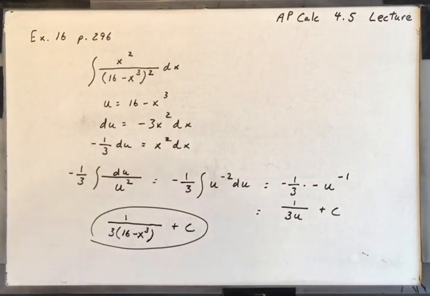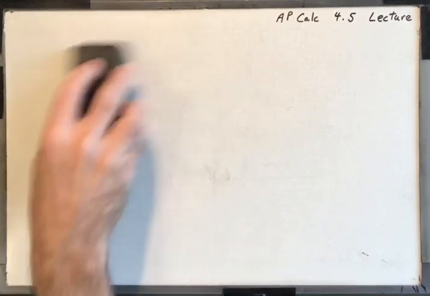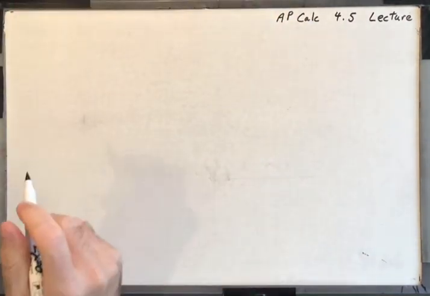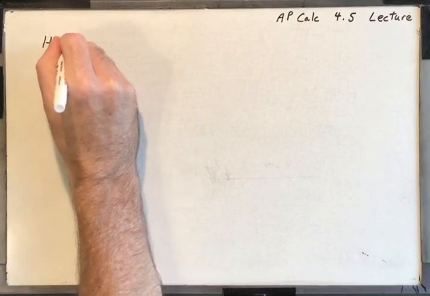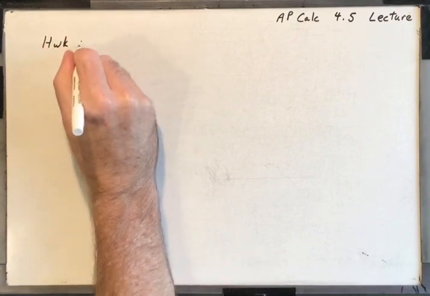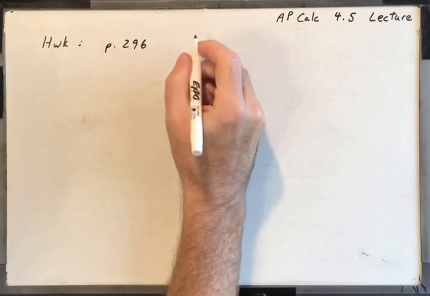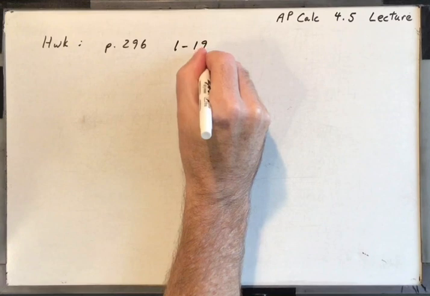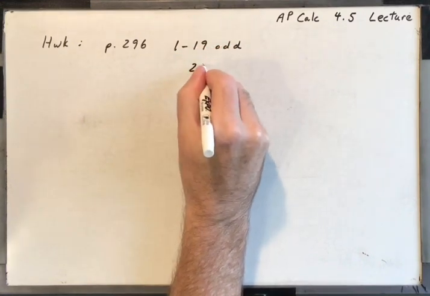Okay, let me write down the homework. Pause the video if you need to. Okay, the homework. It's on page 296, 1 through 19 odd, and also number 27.